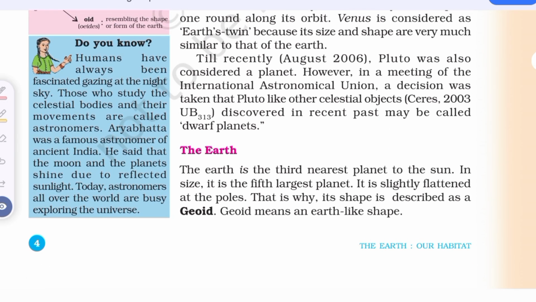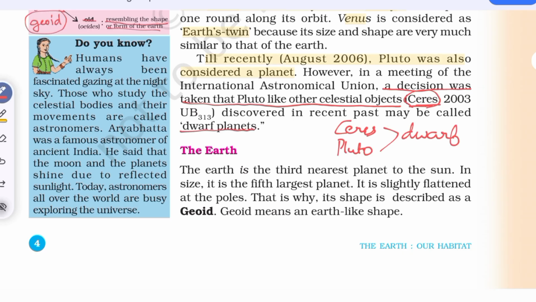Humans have always been fascinated by gazing at the night sky. Those who study celestial bodies and their movement are called astronomers.